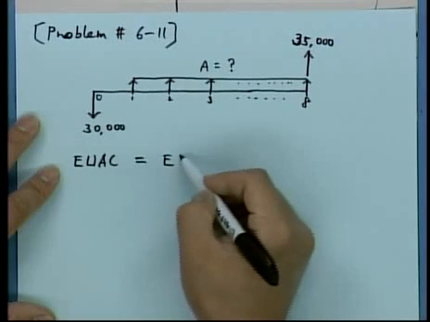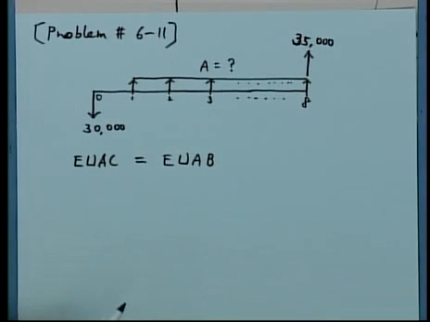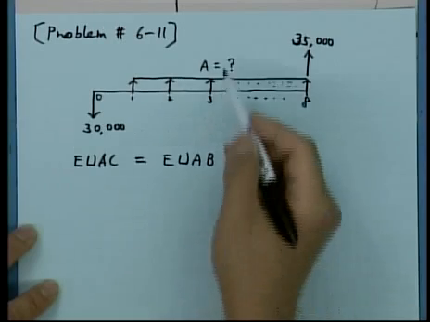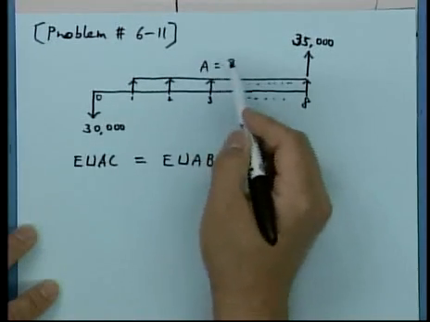Okay. So if we solve this equation, then you should be able to get this uniform annual benefit. Okay?